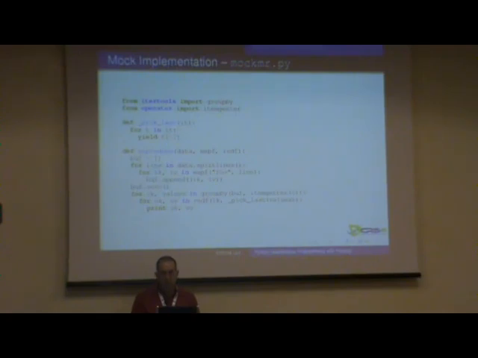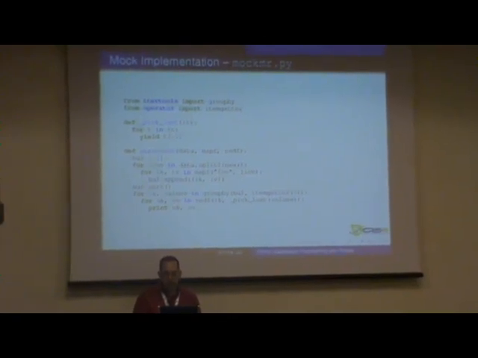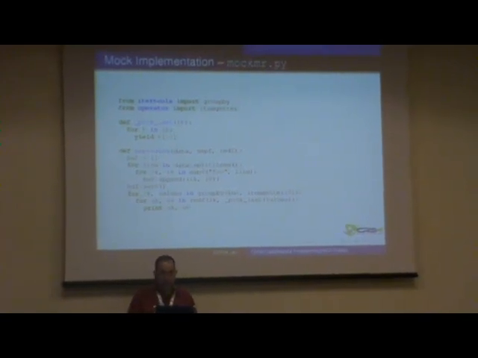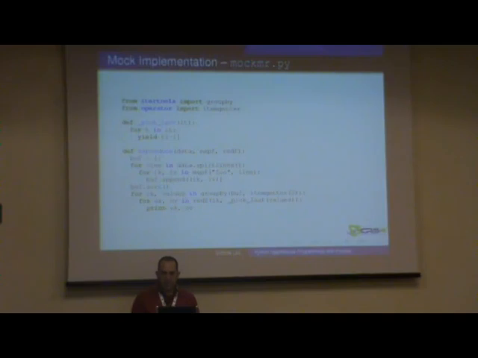This module, mock_mr.py, represents the framework, the MapReduce framework. So what does it do? It takes input data and a map function or a reduce function as arguments, and it instantiates a buffer, and then for every line of data in the input, it feeds the line itself to the map function, and then collects the output key value pairs, puts them into the buffer, and sorts it.